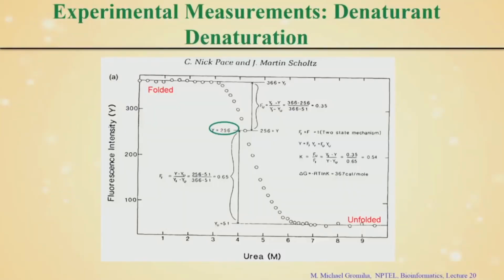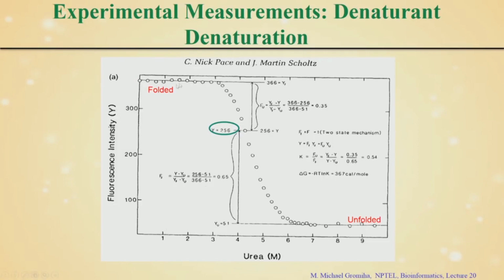Here we can see the data for fluorescence spectroscopy and urea denaturation. We add urea, and you can see the different concentrations of urea, here 1 to 9, and how we get the fluorescence intensity, in the leftmost side.